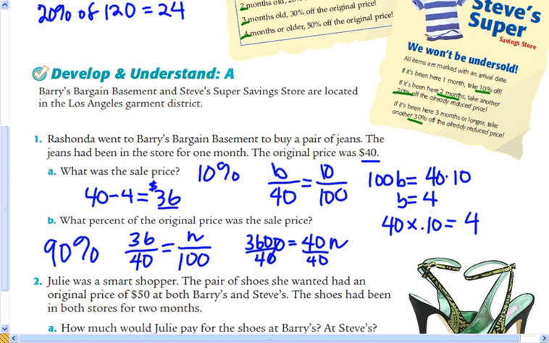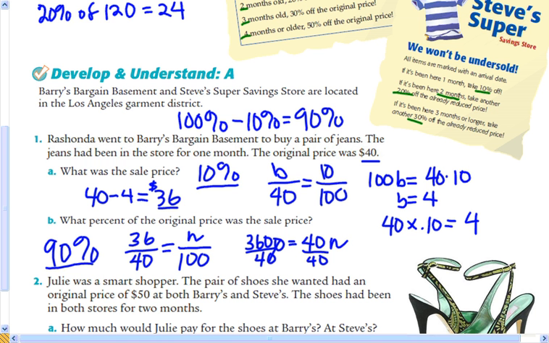Now, there's a connection there. If you take 10% off, you end up with 90%. So if I wanted to do that problem a quick way, and this is the way Mr. Hermanson would do it, knowing I'm taking 10% off, I would just think, well, my original price is 100%. My 10% discount means I'm paying 90%. And I would just do that in my head.